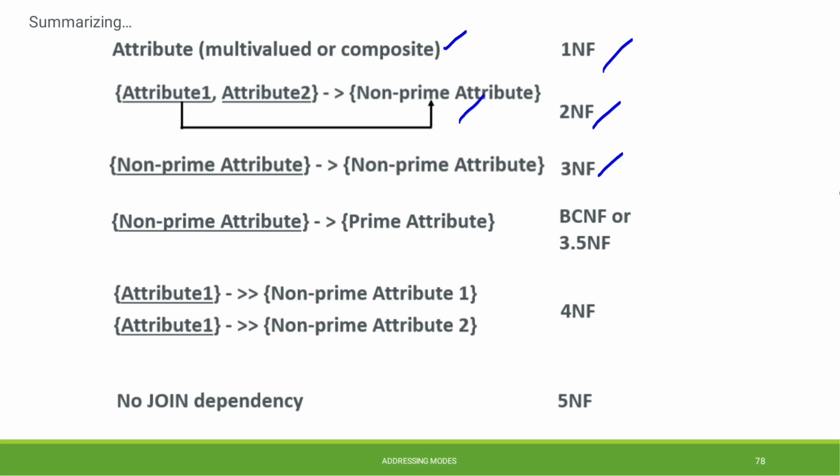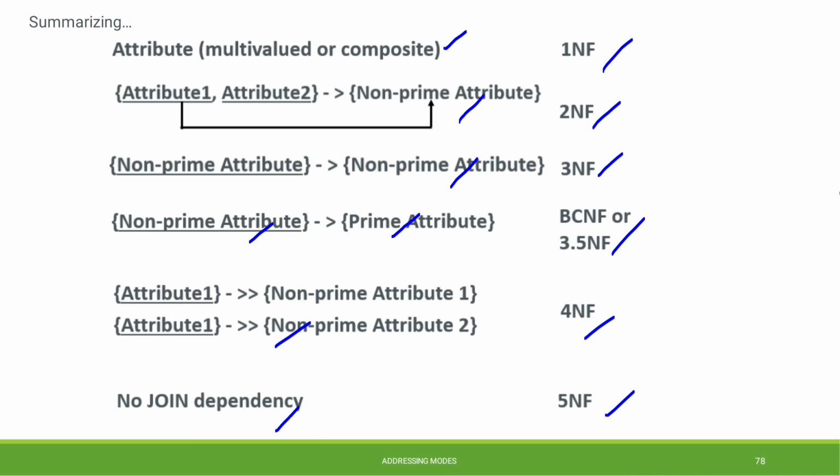It cannot be in 3NF if it has transitive dependency. It cannot be in Boyce-Codd normal form or BCNF if a prime attribute is dependent on a non-prime attribute. It cannot be in 4NF if it has multivalued dependencies. It cannot be in 5NF if it has lossless join dependencies.